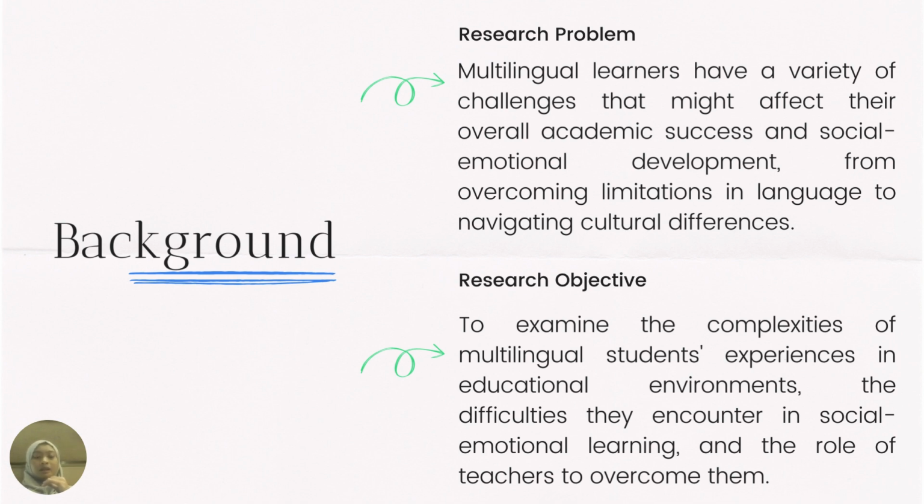For the research problem, why I take this title for my paper: multilingual learners have a variety of challenges that might affect their overall academic success and social emotional development, from overcoming limitations in language to navigating cultural differences.